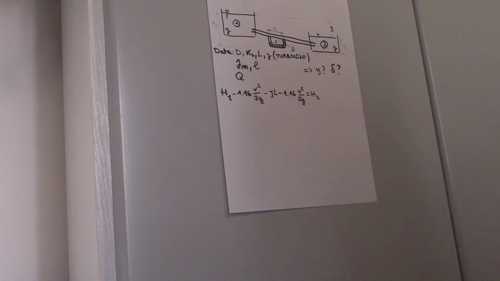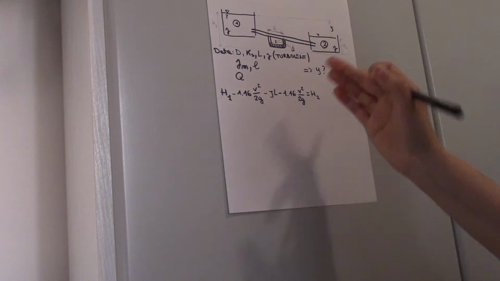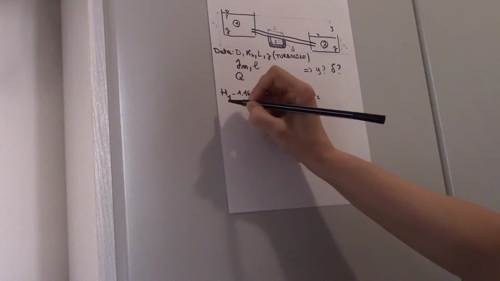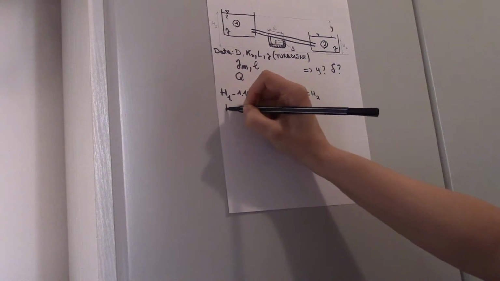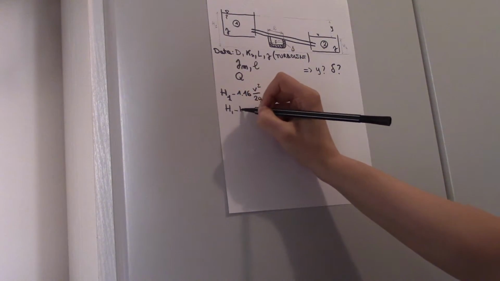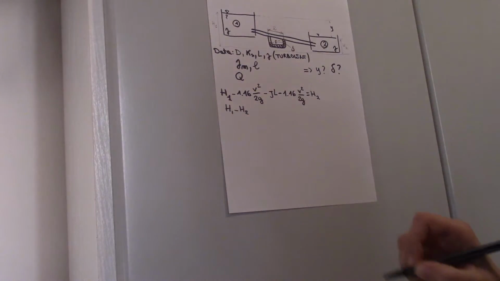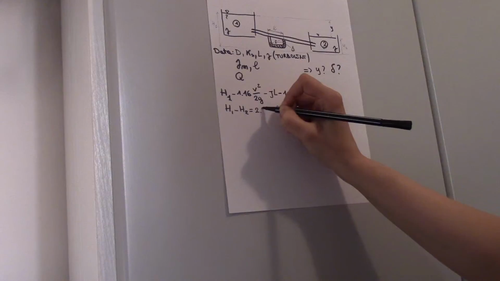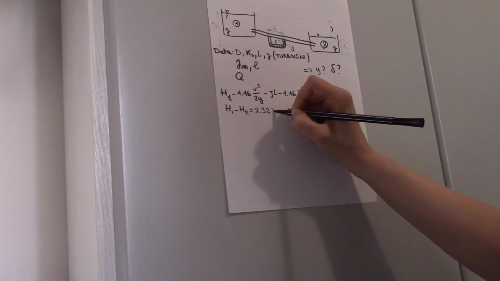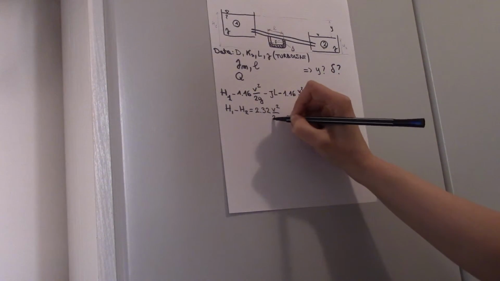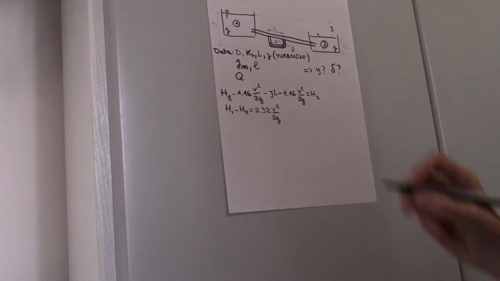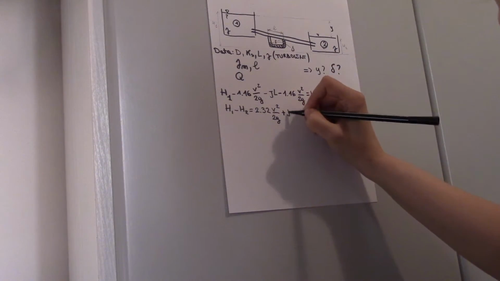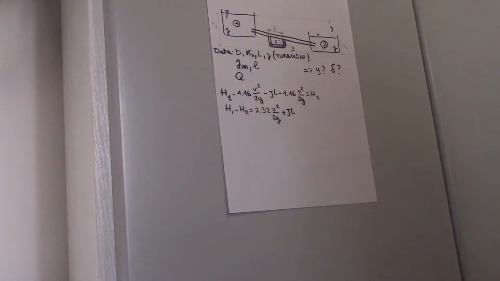So exactly our Y would be H1 minus H2, which is equal to 2.32 V to the power of 2 over 2G plus JL.